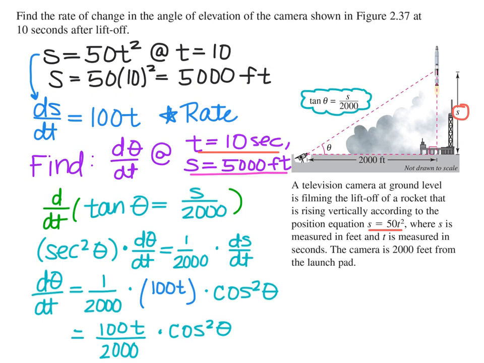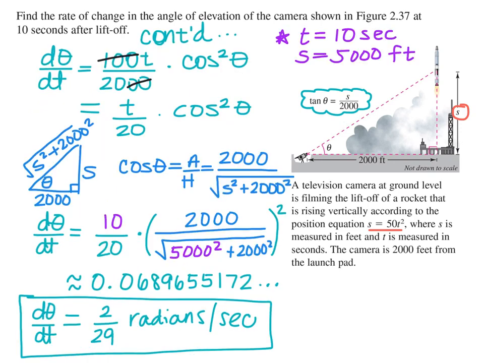Although I still have a theta in there, we'll get to that in just a moment. What I have now is the replacement of ds over dt, which is 100t, which I have up here. I put that in right there. So I still have some simplifying to do, and some substituting to do. I'll plug in t equals 10, but I have to figure out this cos squared theta.